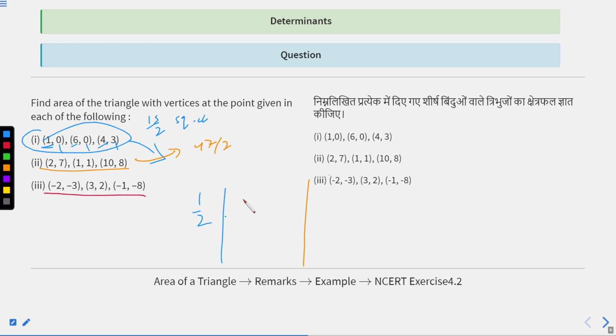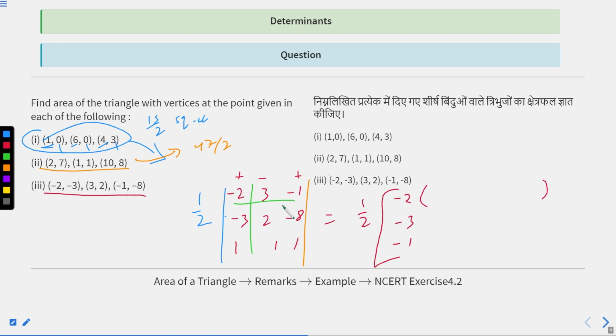Now for this, minus 2 3 minus 1, minus 3 2 minus 8, 1 1 1. Now expand using R1. So this will be plus minus plus. So this will be minus 2, minus 3, minus 1. Now eliminate this. What you will have, 2 minus minus, so it will be plus. In this case, eliminate this.